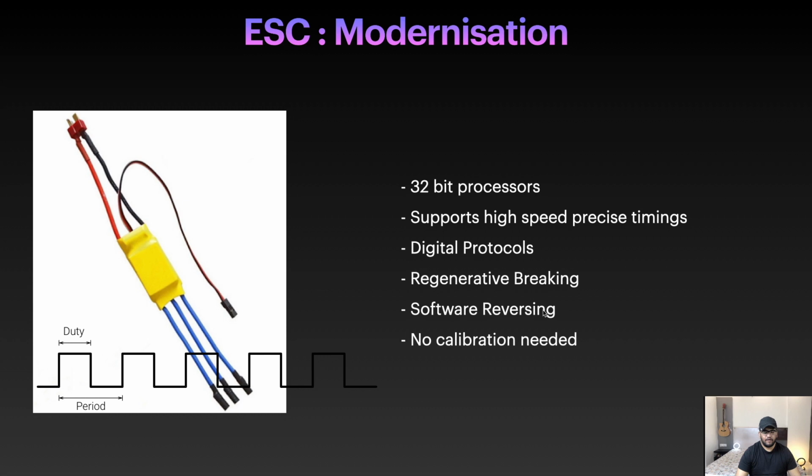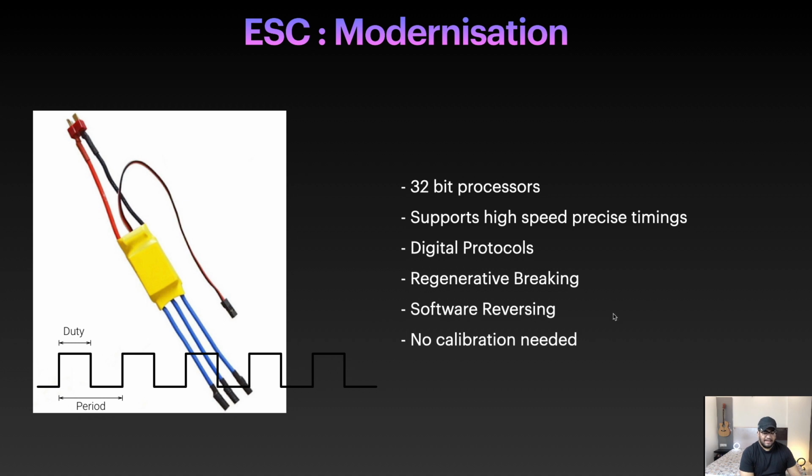Because of that, you can do reversing in between the flight. So you can change the direction of the motor in between flights, and that opens the door for something called 3D FPV, where you can fly upside down. I'll show in some later chapters what 3D FPV is. But for now, just understand that changing the motor direction using software is very much possible because of modern ESCs.